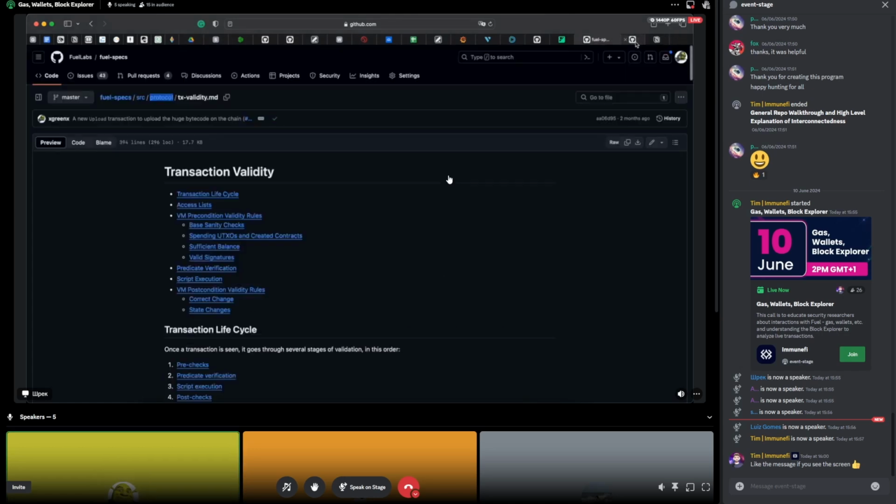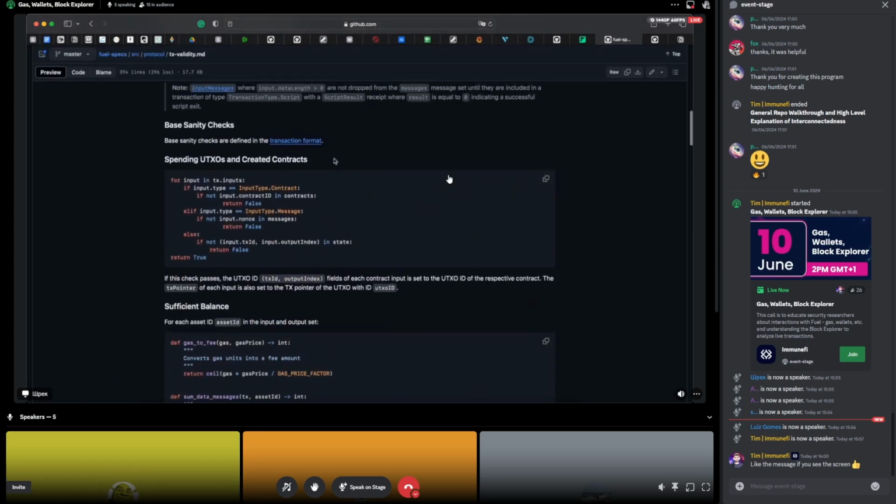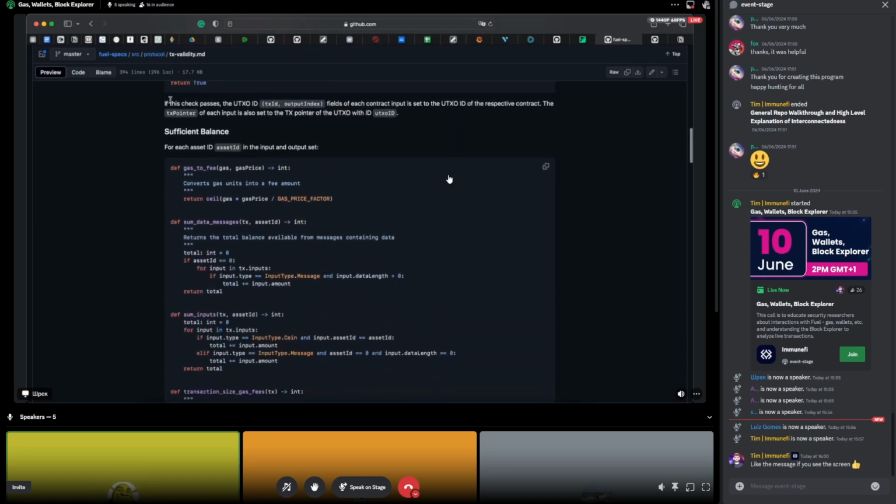If we go deeper, here are more details regarding the basic checks from the transaction format. You can find them here, plus some additional checks regarding UTXOs, their limitations, etc. And one of them is that you must have a sufficient balance to do any operations mentioned inside your transaction.